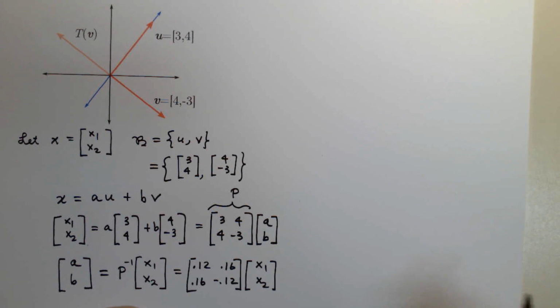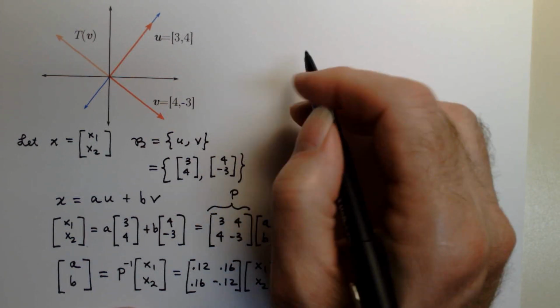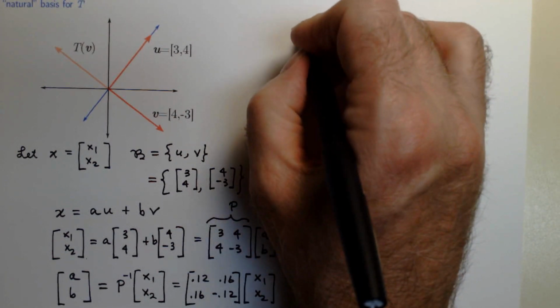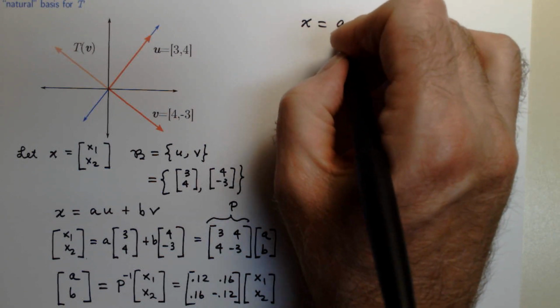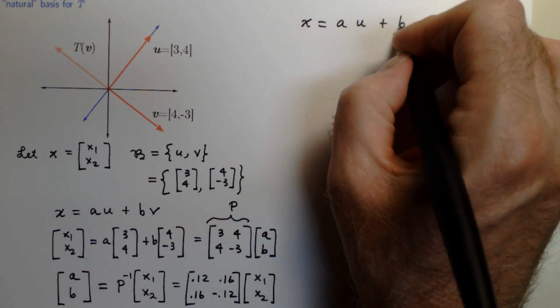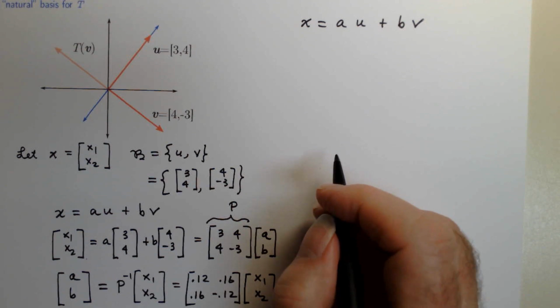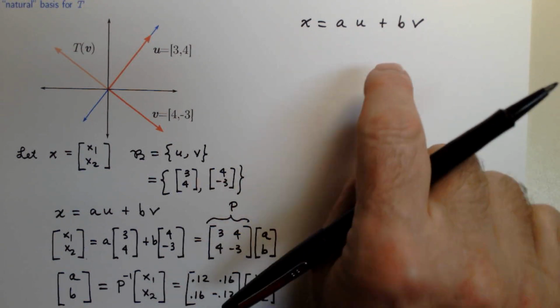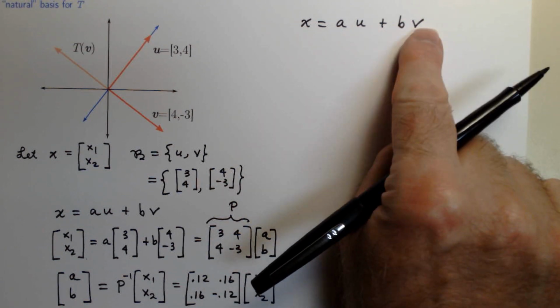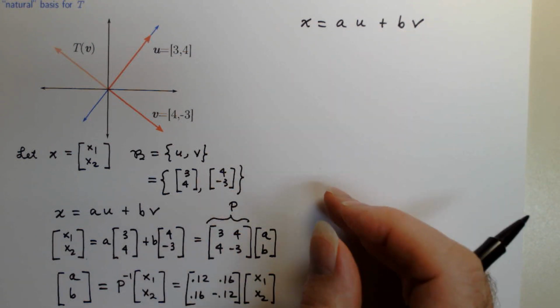Here's the idea. Suppose I've got my vector x expressed as a combination of the vectors u and v. The idea is to use the fact that T acts very simply on u and v, and T is a linear transformation.